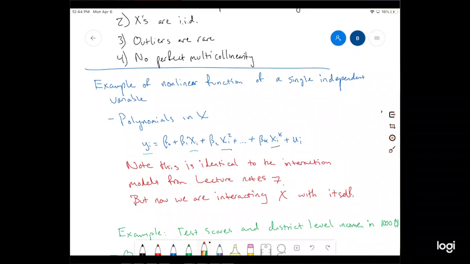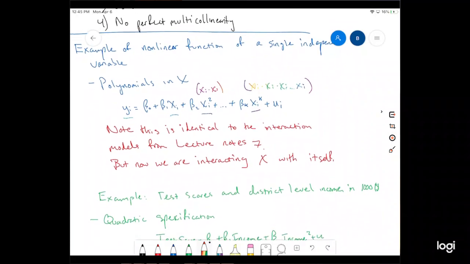So again, note this is identical to the interaction models from lecture note 7, but now we are interacting x with itself. So this is xi times xi, and here we have xi times xi times xi all the way out to xi k times.